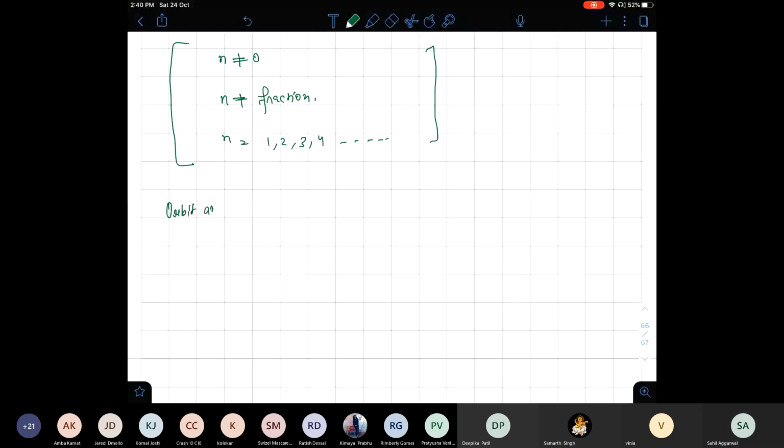It is nh upon 2 pi. nh upon 2 pi depends upon n value. एक था ऑर्बिटल एंगुलर मोमेंटम.